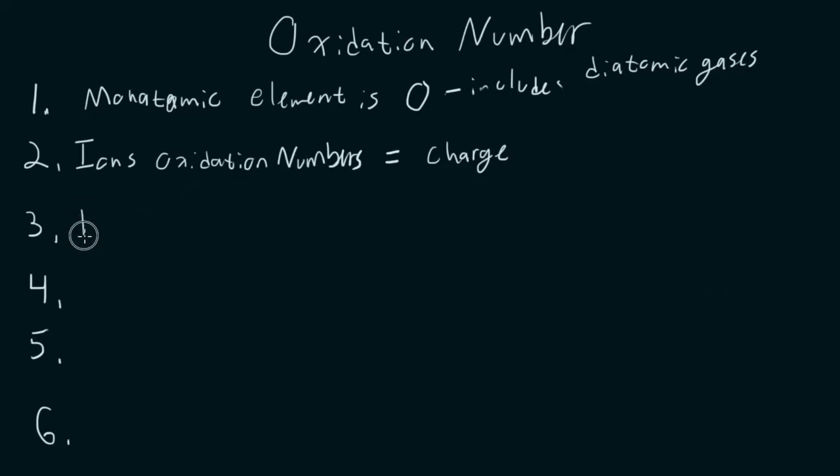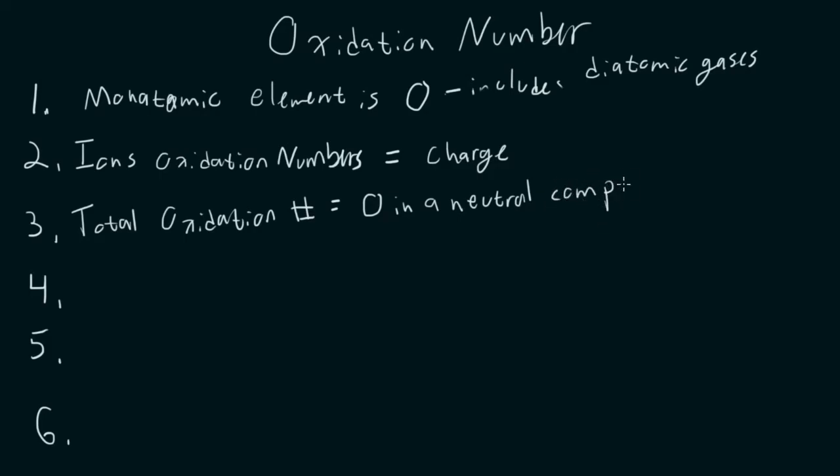Rule 3, total oxidation number will equal 0 in a neutral compound. So something like CH4, the total oxidation number would be 0. Something like NO2, total would be 0.